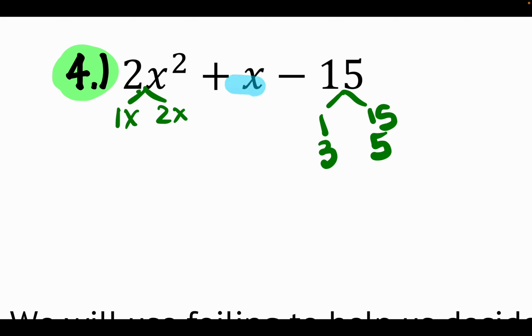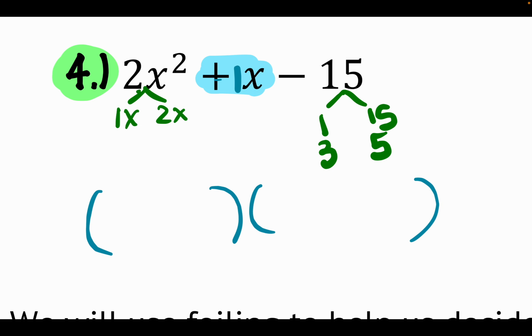And we need to get to just an x, which is a 1x. So here's my parentheses. So we only have these two options. That's going to be 1x and 2x in the front. And the order doesn't matter, guys. What matters is that in the end, we end up getting that positive 1x when we check.